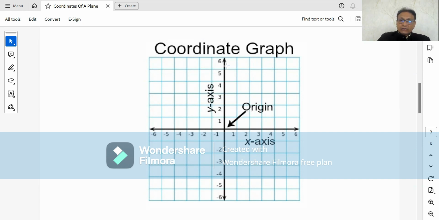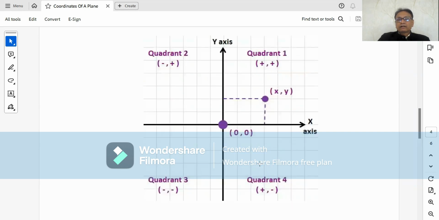Now these two intersecting lines, they divide the whole plane into four parts. 1, 2, 3, 4. These are called quadrants. Quadrant 1, quadrant 2, quadrant 3, quadrant 4.